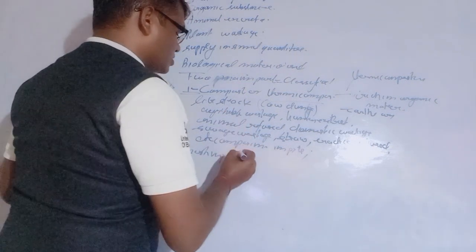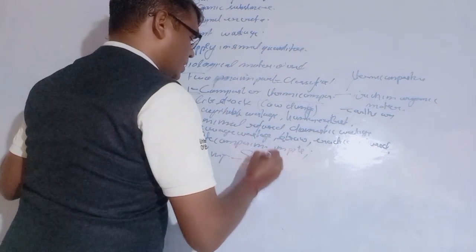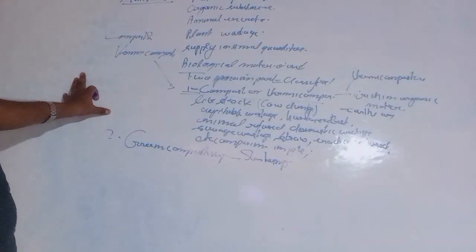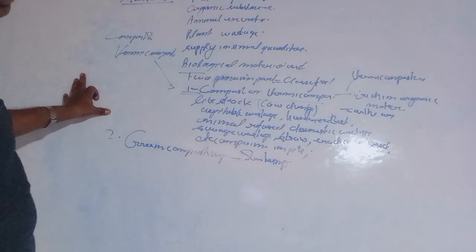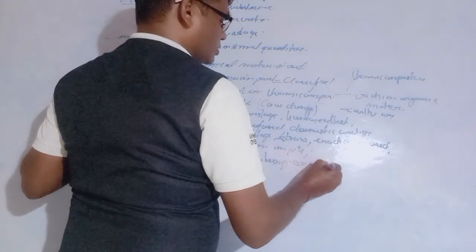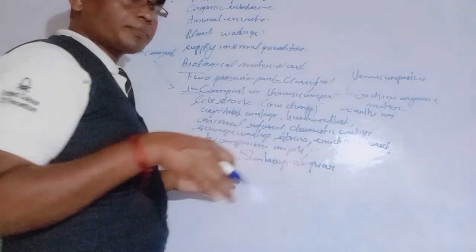Some plants, like sun hemp or guar, are sown in the fields.